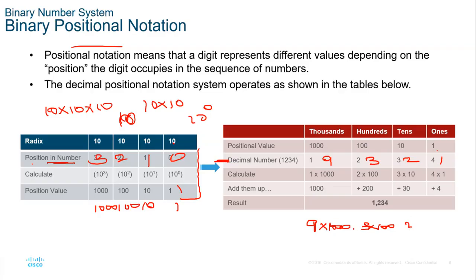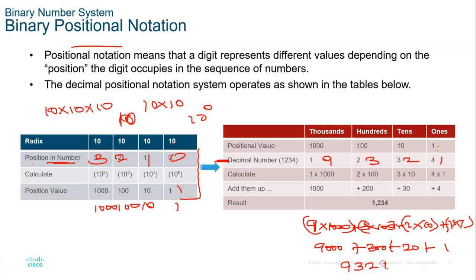Then 2 times 10, then 1 times 1, with a plus in between, of course. So here it will be 9,000 plus 300, plus 20, plus 1. In total, we're going to have 9,321.